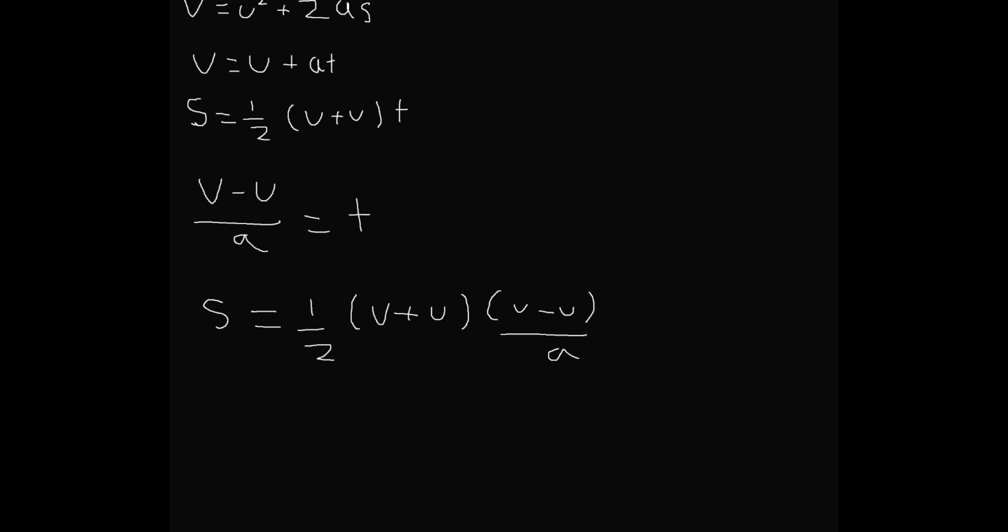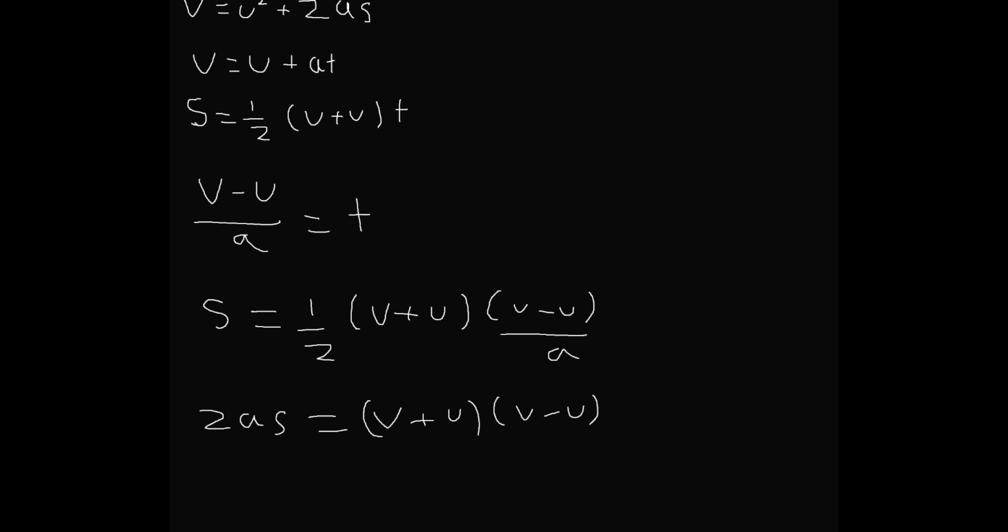Now to make things simpler, we can multiply by 2a just so that we have only two brackets on this side. So we have 2as is equal to (v plus u)(v minus u). Now if you notice here, we have v plus u, v minus u in the brackets.